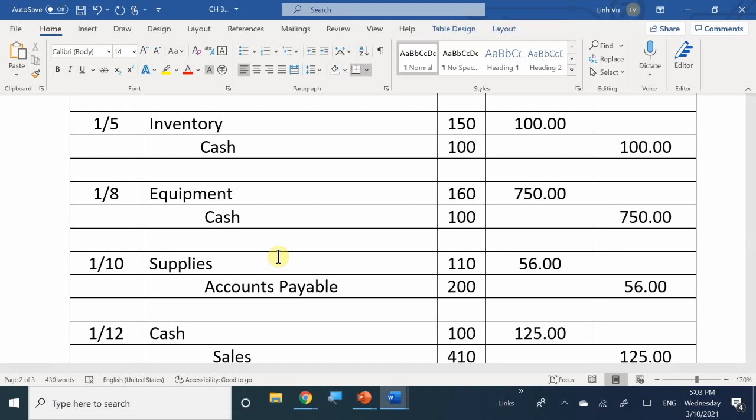So, let's determine. When I recorded it originally, am I short or am I over in my supplies? Your supplies would be over. Okay, you'd be short because you only got $56. It would show a shortage, correct.